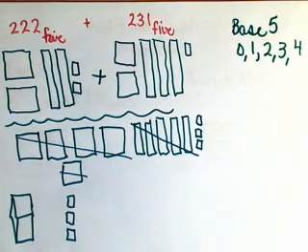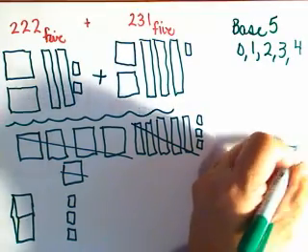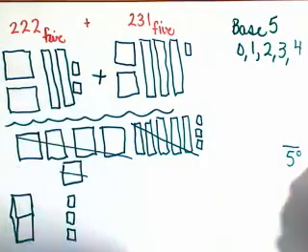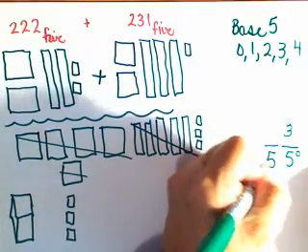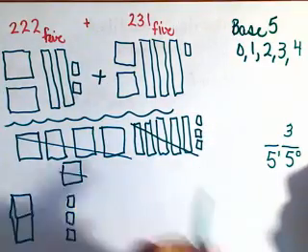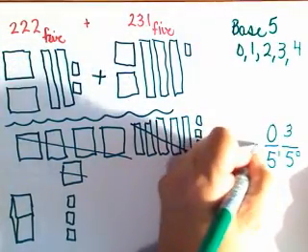Okay, so now let's go through here and see how to write that. In the first place is your units, and I have 3 of those. In the second place is longs, and I don't have any more of those because I traded them here.